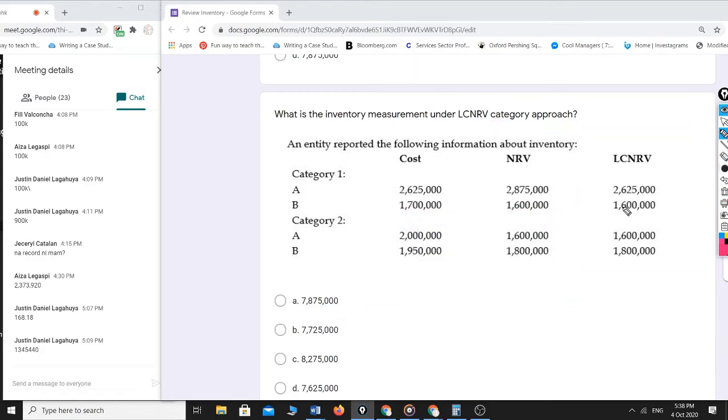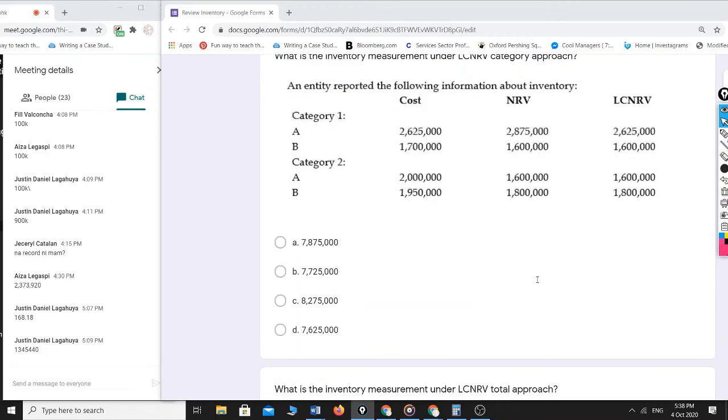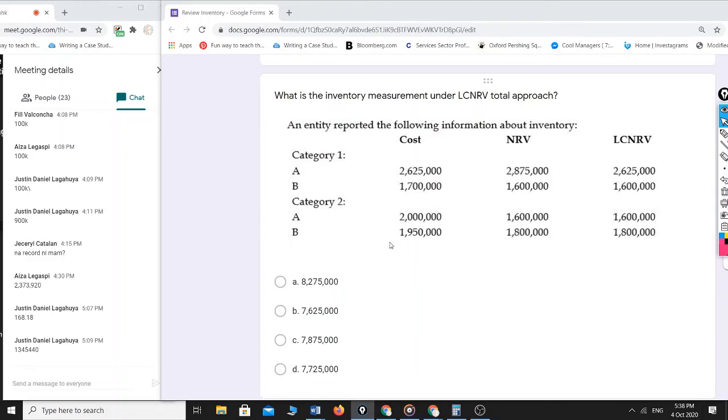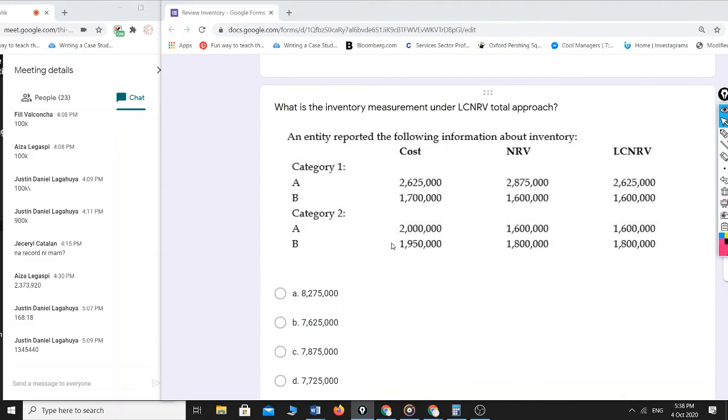Okay, next, we have the total approach. So, i-total na nato tanan ang total cost and the total NRV. So, ang total cost is 8,275,000. Total lang na.